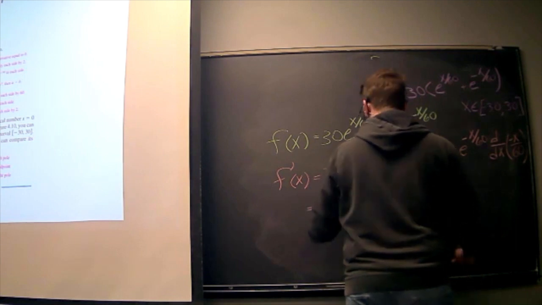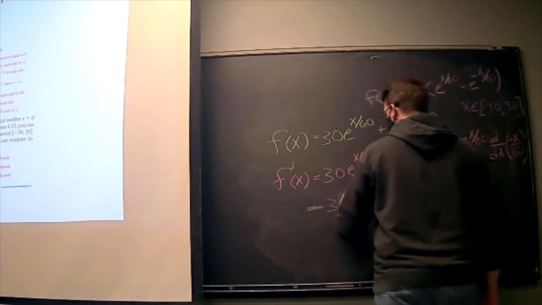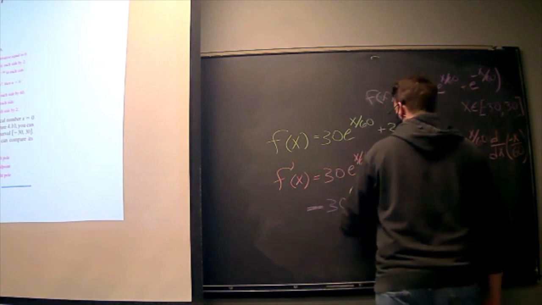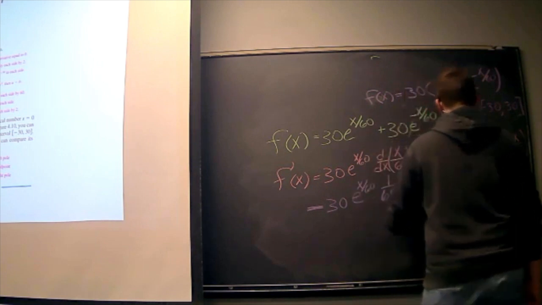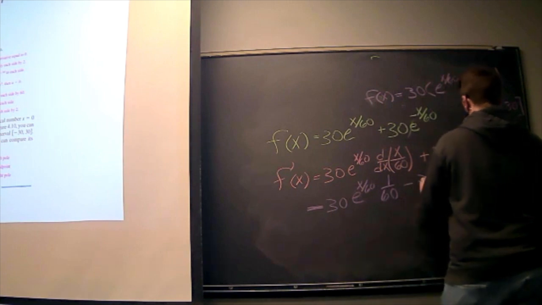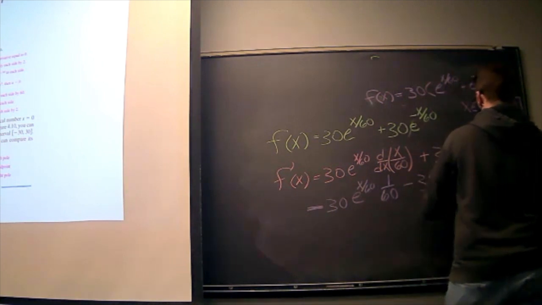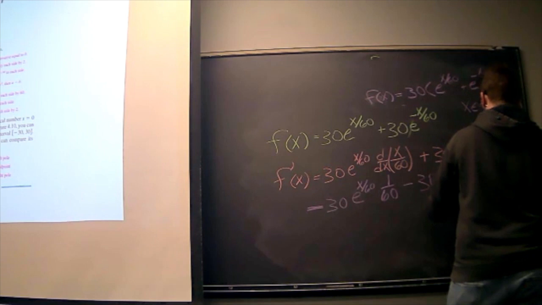You can factor out, well, we'll deal with that later. We're going to get 30 e to the x over 60 times 1 over 60 minus 30 e to the negative x over 60 times 1 over 60.